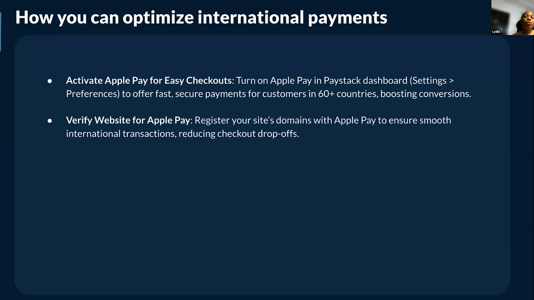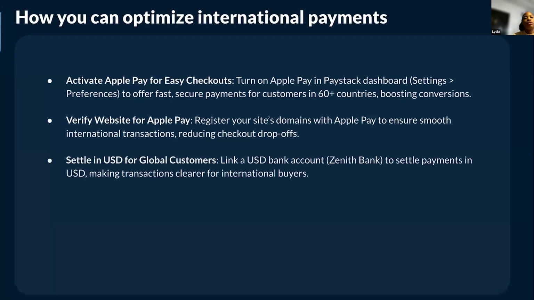Like I emphasized before, it is very important that your site is verified with Apple Pay to ensure smooth international transactions and that there is at least a significant reduction in checkout drop-offs. It's important that you do everything in your power to make sure that your customers are able to pay you. And that's why registering is really important.